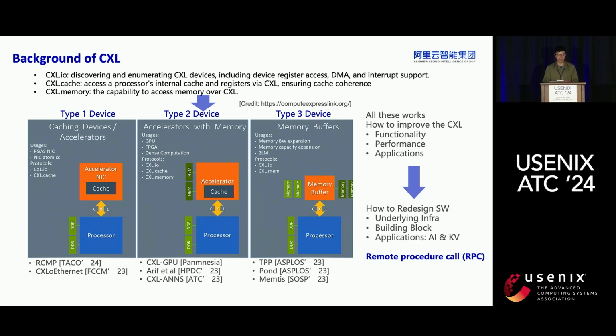All these works are about how to improve the CXL. We would like to redesign the software with Type 3 CXL device as an underlying infrastructure of AI and key-value applications. RPC is our first goal.